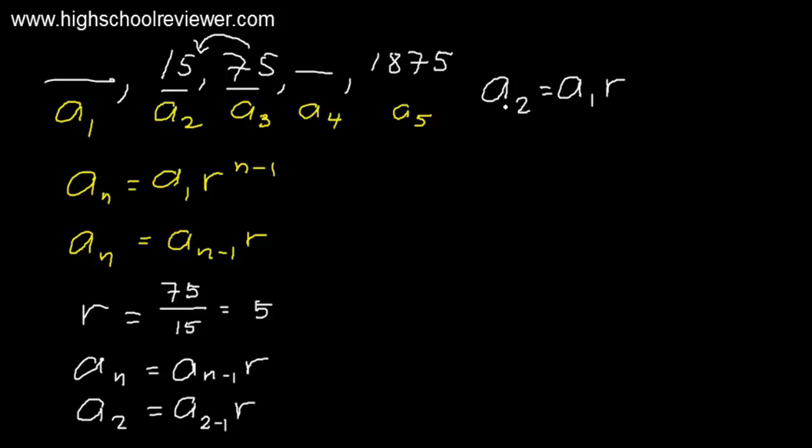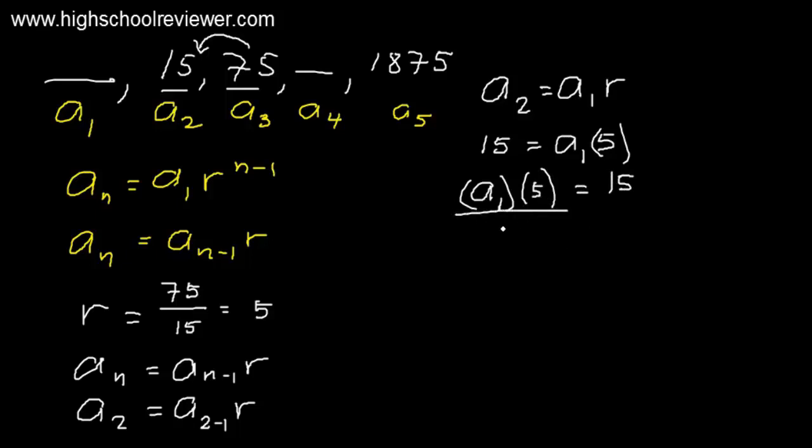What is our a sub 2? So our a sub 2 is positive 15. And a sub 1, this is unknown. Our r is positive 5. So this will be a sub 1 times 5. So we can rearrange this. So to rearrange, we will have a sub 1 multiplied by 5 equals 15. So to find for a sub 1, we have to cancel out 5.